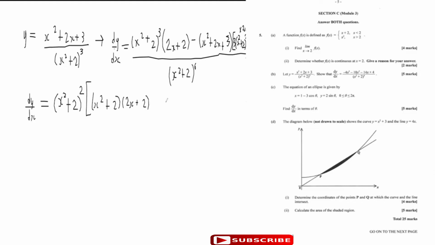Times minus, over here I'm going to be left with x squared plus 2x plus 3 times 6x. I'm left with x squared plus 2x plus 3, and all of this is multiplied by 3 times 2x, which is 6x.